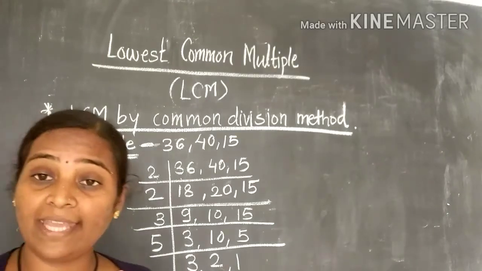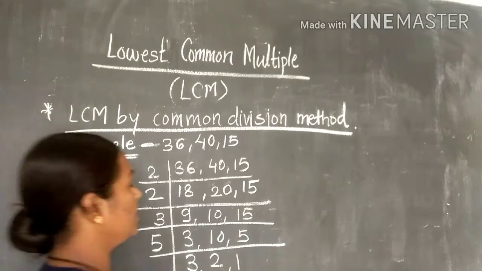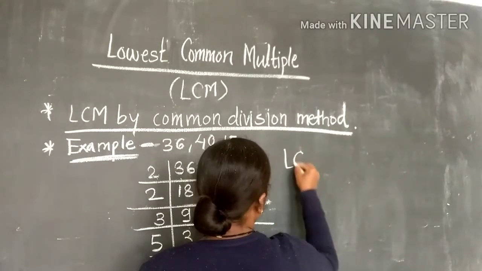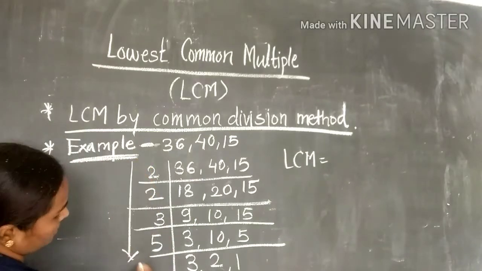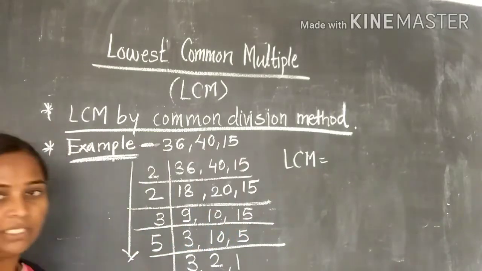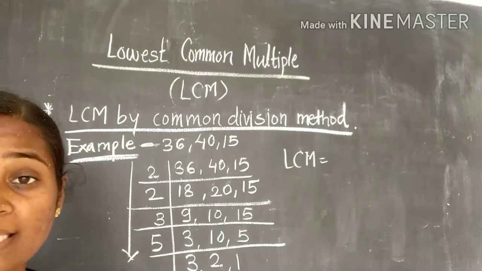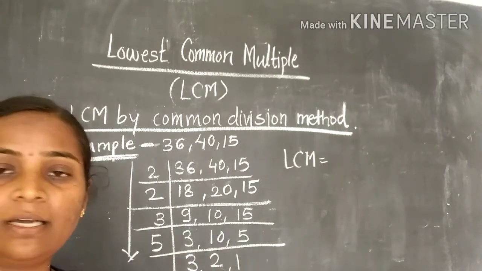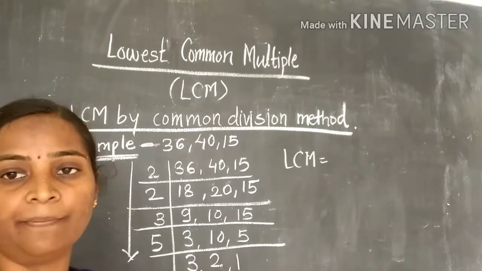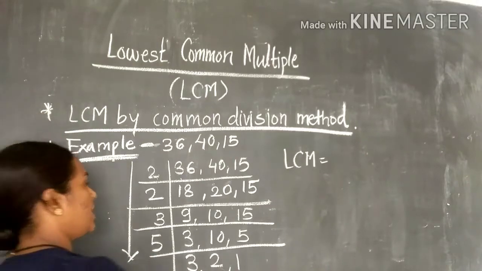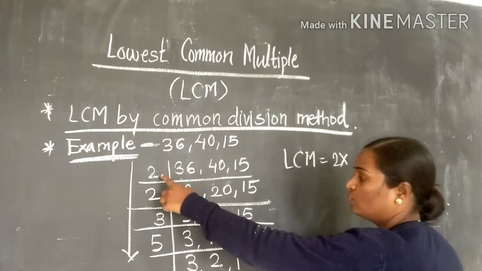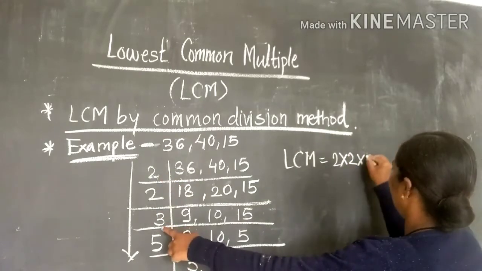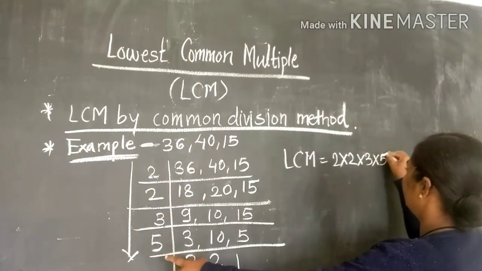See the student, next step what you have to do for the LCM. Write here LCM. Then make a product of divisors and undivided numbers. Make a product of the divisors as well as the undivided numbers, which are here 3, 2 and 1. So you should write all the divisors. First of all we will write 2 into 2 into 3 into 5.